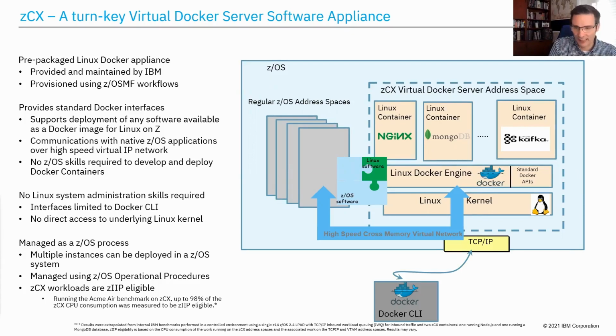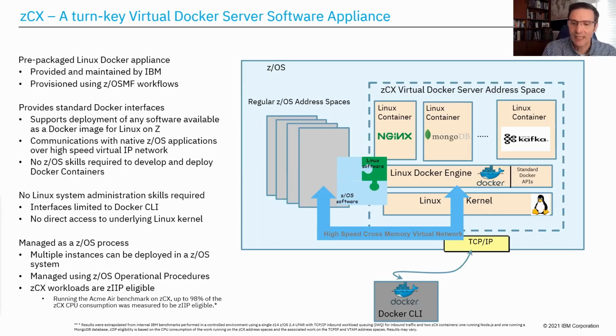You don't need to procure a Linux kernel or a Docker engine or any of the other utilities and functionality inside of the zCX. The only thing you need to deploy is your individual applications, because the Docker environment is ready to be utilized once we have your zCX provisioned.